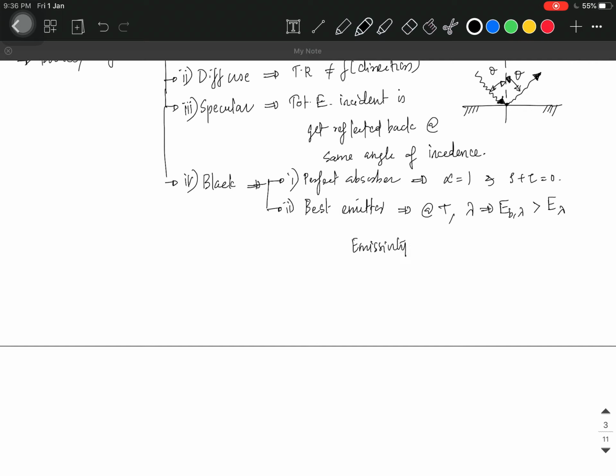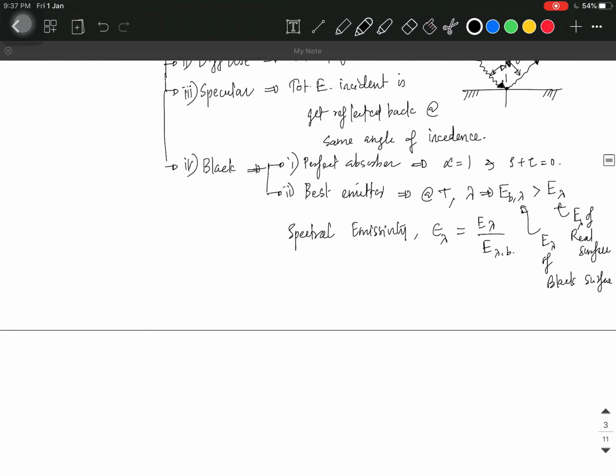So using this, we can define a term called the emissivity, which is denoted by epsilon, and this is for a particular lambda, that is the spectral emissivity, epsilon lambda, which is equal to E lambda divided by E lambda b, where E lambda is the emissive power of the real surface, and E lambda b is the spectral emissive power of the black body or black surface.